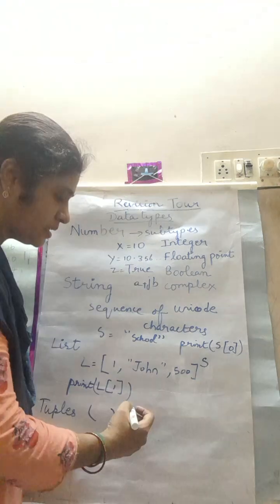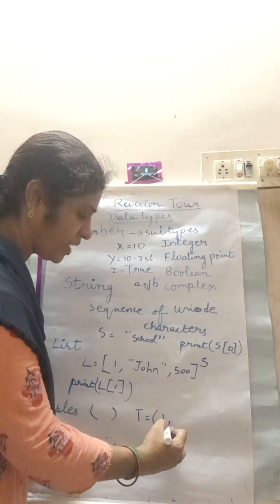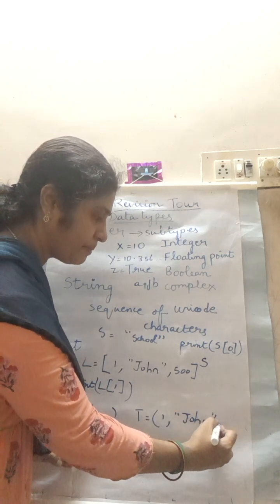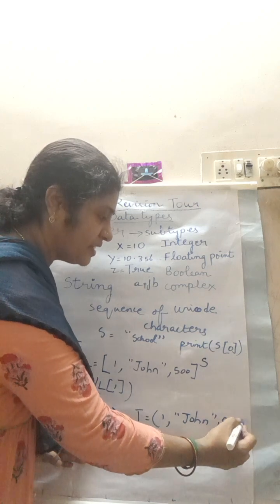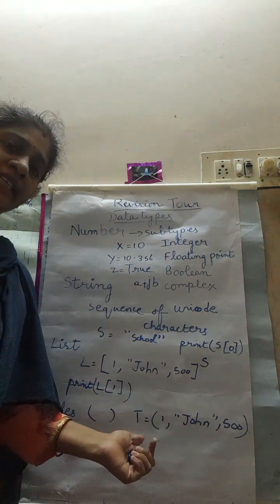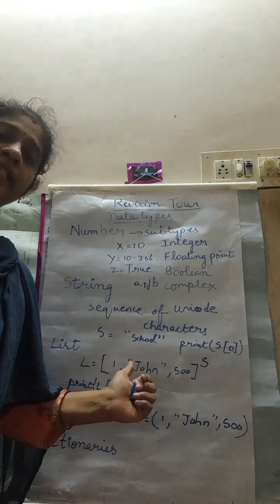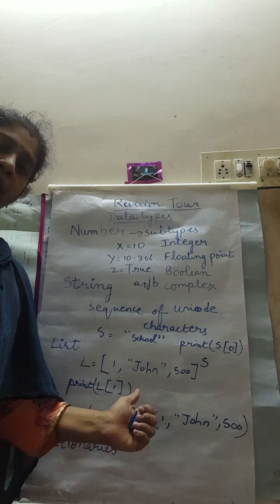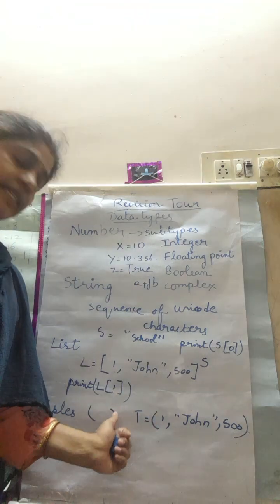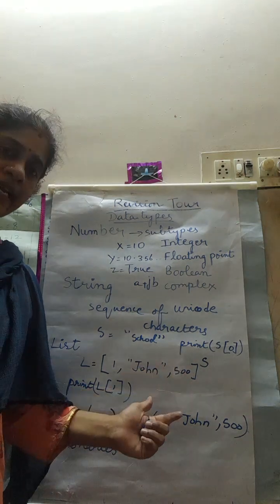I can write T is equal to 1 comma, same example, within round brackets like this. The difference between a tuple and a list is that tuples are not modifiable, they are immutable, and you can access tuples like lists, using the index.